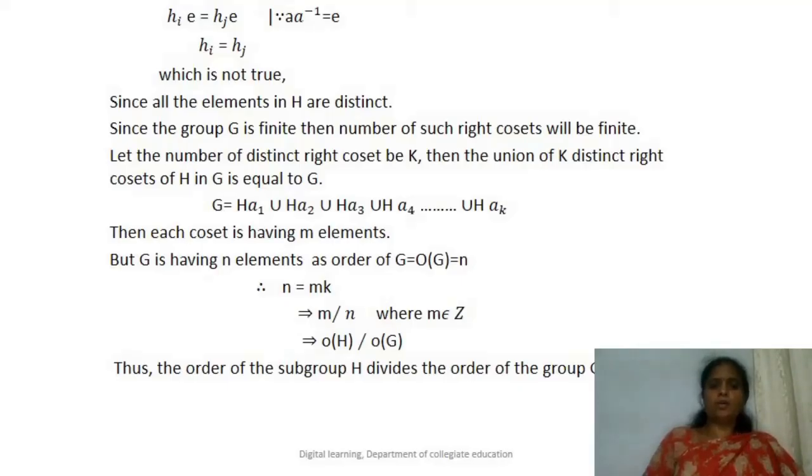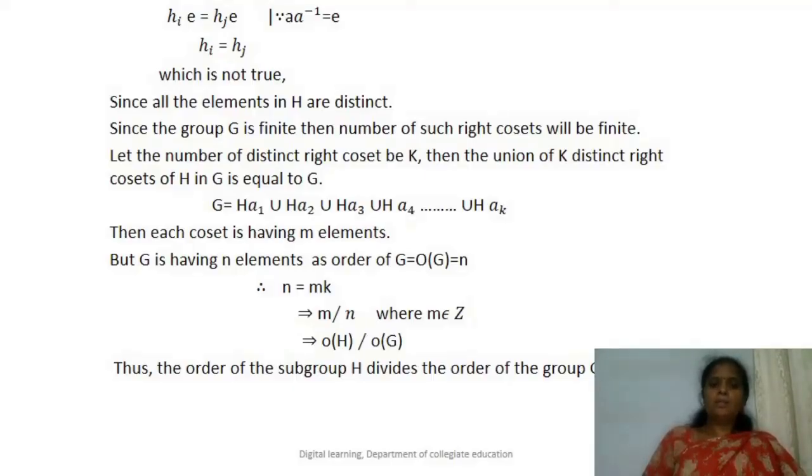So remember that we are proving Lagrange's theorem, that is, that order of H divides the order of G. Here order of G is equal to n and order of H is equal to m. So we have n equal to mk.